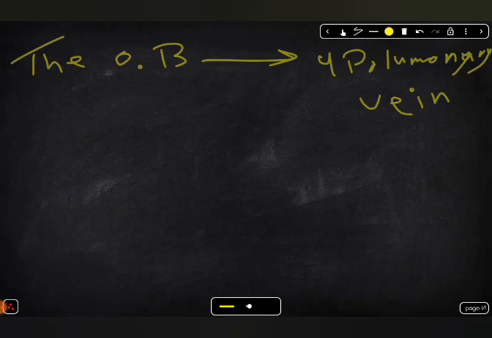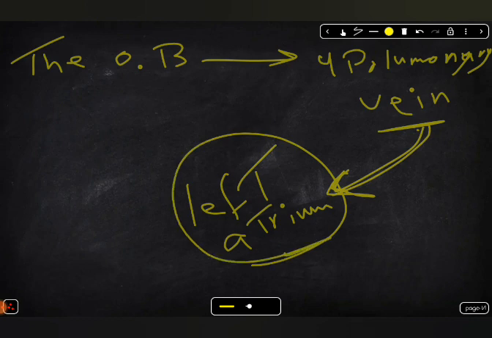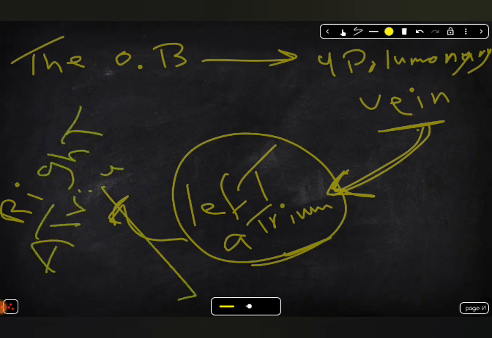In one lung, 2 pulmonary veins, and then the pulmonary vein will take the blood to the left atrium, and then the left atrium will be contracted and take the blood to the left ventricle, and the dicuspid valve will prevent the backflow of blood to the left atrium.